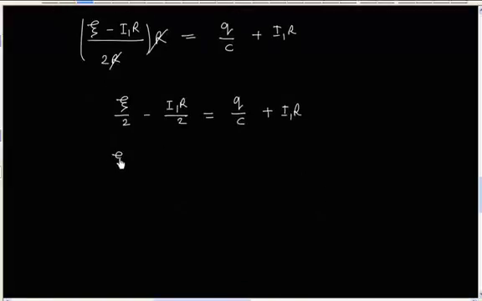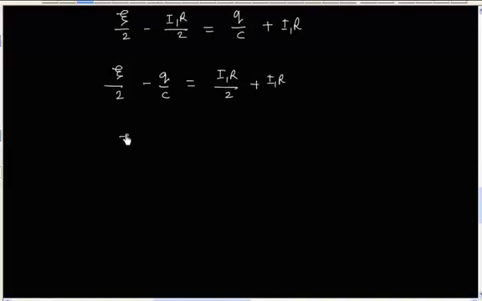So let us take I1 to one side. This becomes I1R by 2 plus I1R, and that is Xi by 2 minus Q by C, and this is 3 I1R by 2.